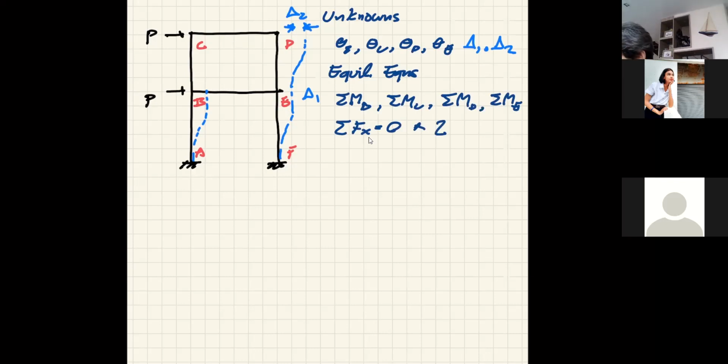Okay, so the first one would come from, let me try to find a different color, this free body diagram. When you cut that free body diagram, you would have something like this, with the P, all right?